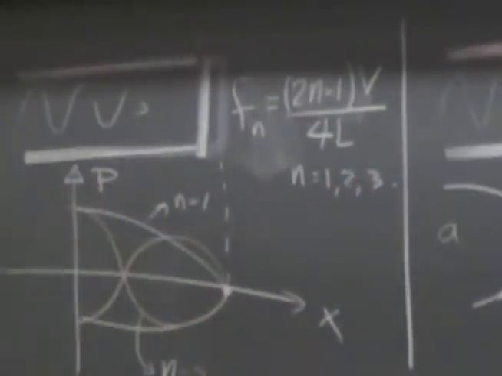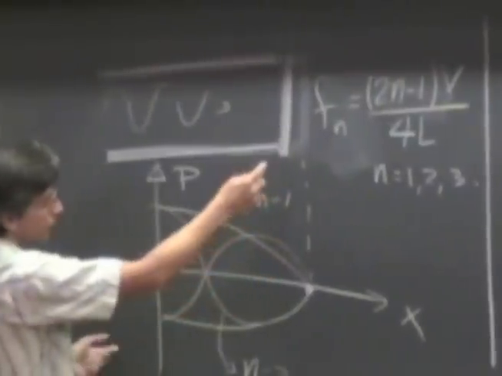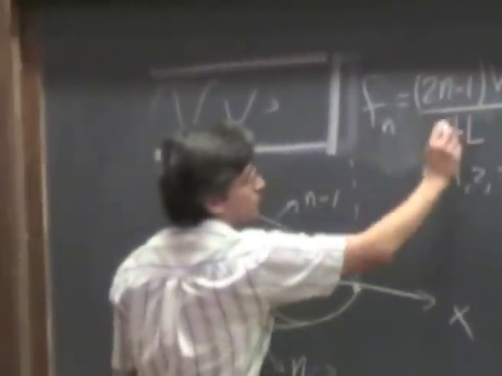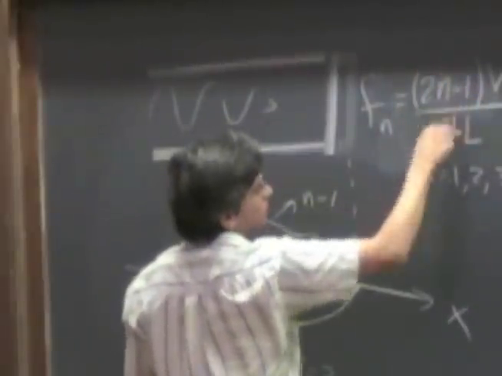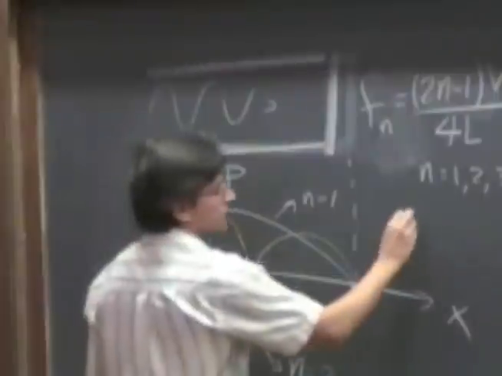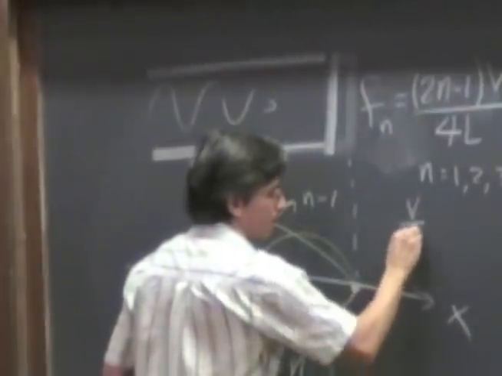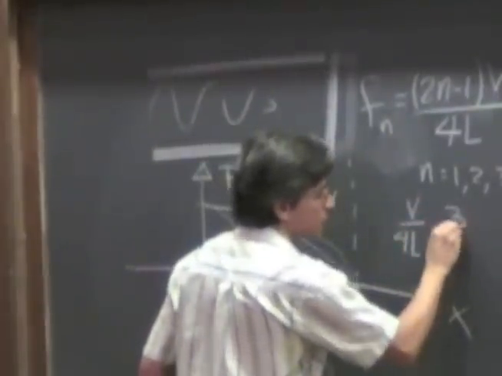So the first mode, the fundamental mode, has a frequency v over 4L, because for n equal 1, 2 minus 1 is 1. So v over 4L. The next one has a frequency which is 3 times that.